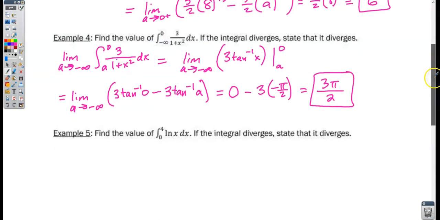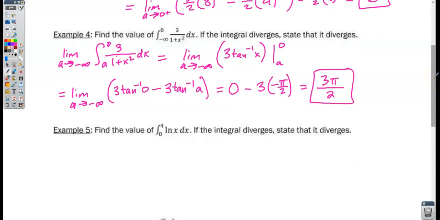Continuing on, example 4. The integral from 0 to 4 of the natural log of x dx is what we're going to try and find next. And we have a problem here insofar as the natural logarithm of 0 is non-existent.